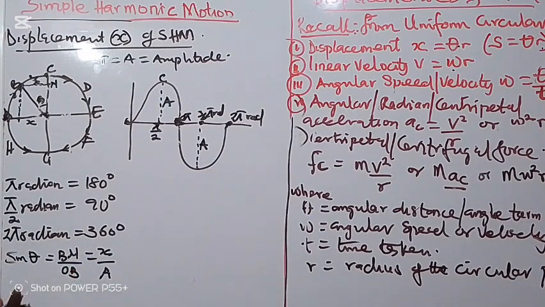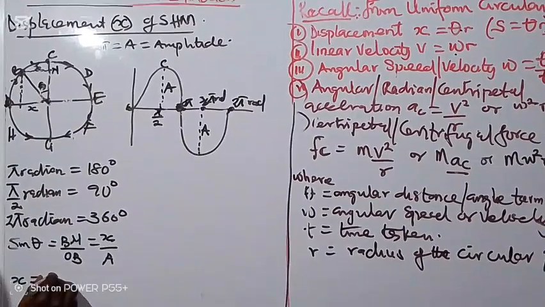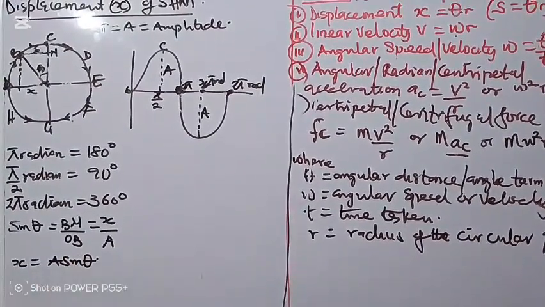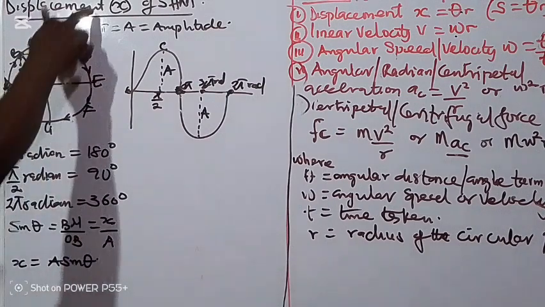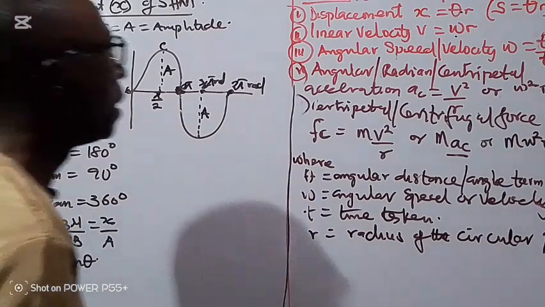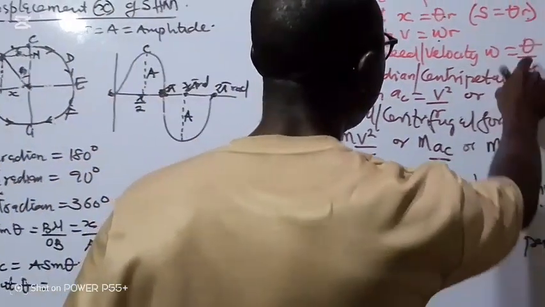Now you are going to have s equal to A sine theta. What the s stands for is our displacement. It means s is equal to A sine theta. Therefore, you can now say, look at our theta here.